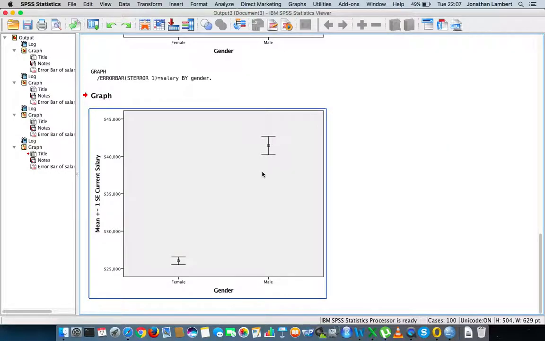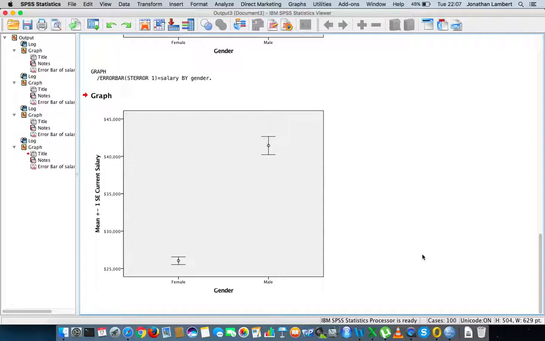And we also looked at the plot of the standard errors associated with the standard error of the mean. The variable doesn't have to be gender. The independent variable can be anything at all, but in this case, we just chose gender. It would be the same process for another type of independent variable.